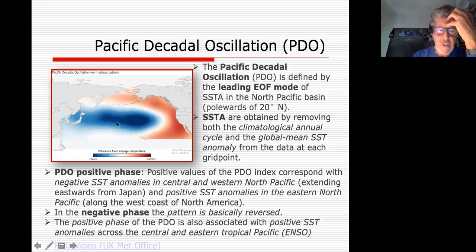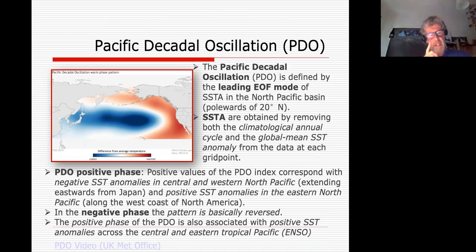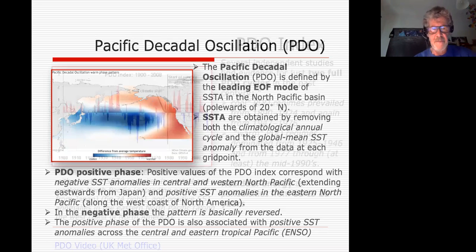The stronger negative spot is in the Central Pacific, while we have positive SST anomalies in the Eastern North Pacific along the west coast of North America. This is a typical shape that characterizes the Pacific decadal oscillation.